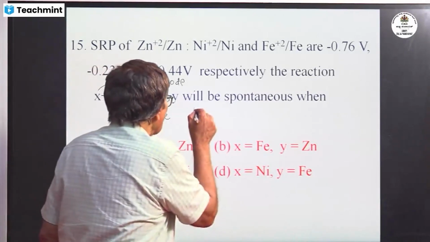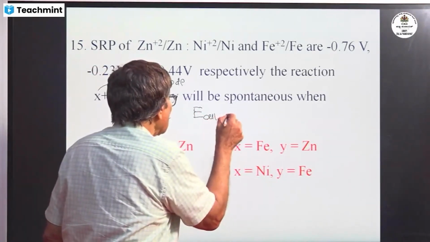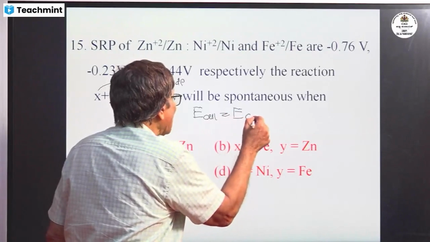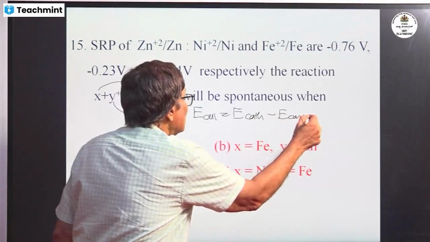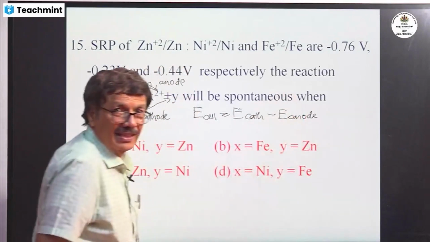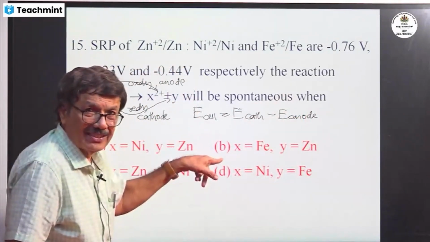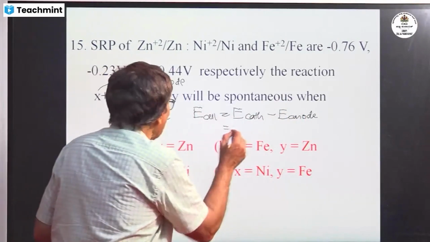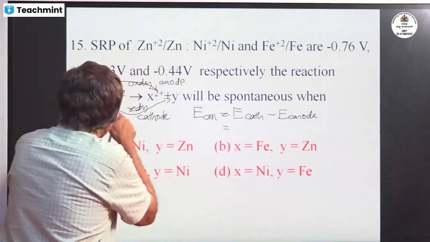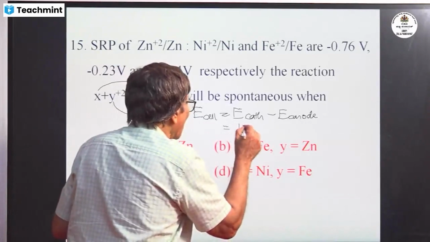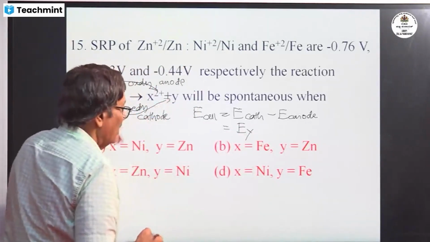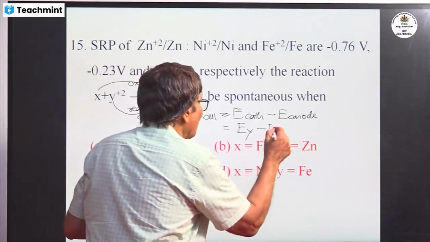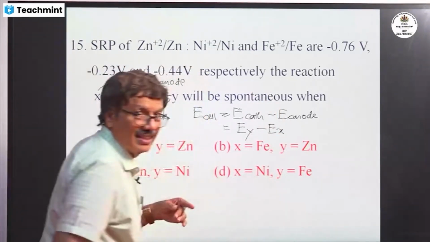Now, we know E cell is equal to E of cathode minus E of anode. Cathode is which here? Cathode is Y, so E of Y minus E of X. Correct now?